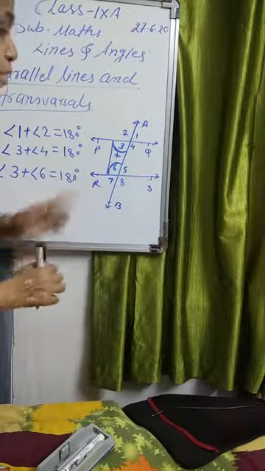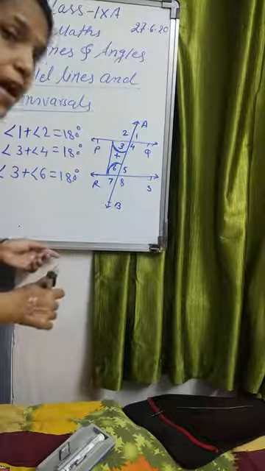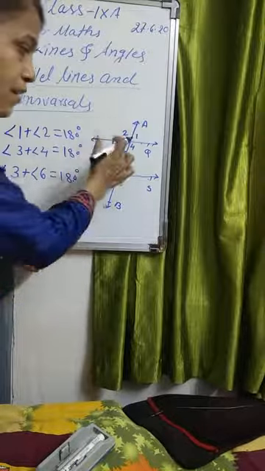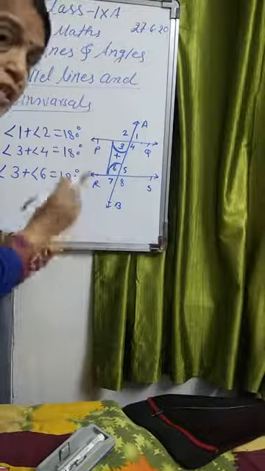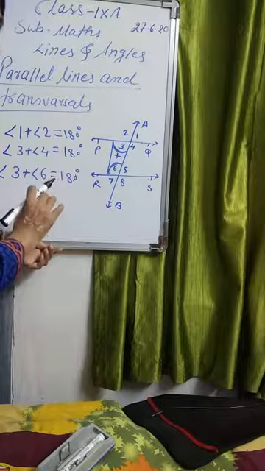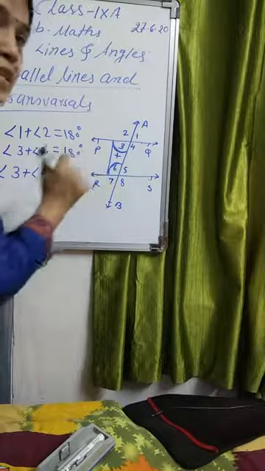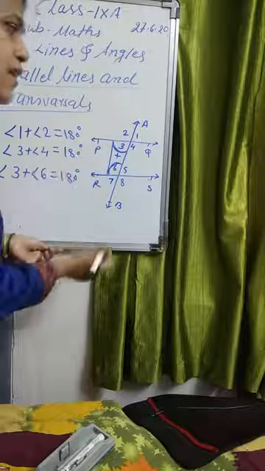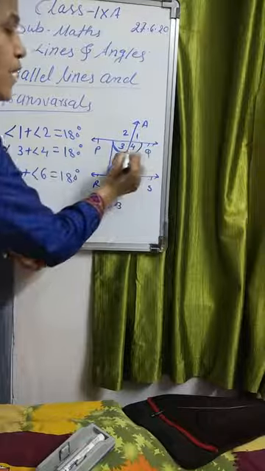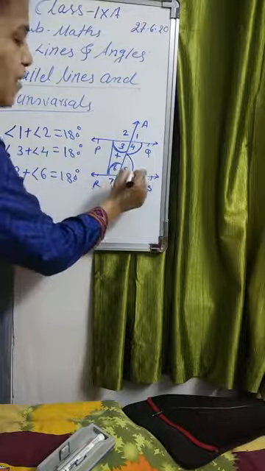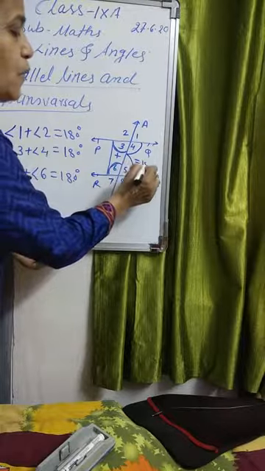Why? Because they are interior angles, the interior angles on the same side of the transversal. They are always supplementary. Similarly, again, the sum of angle 4 and angle 5 is equal to 180 degree.